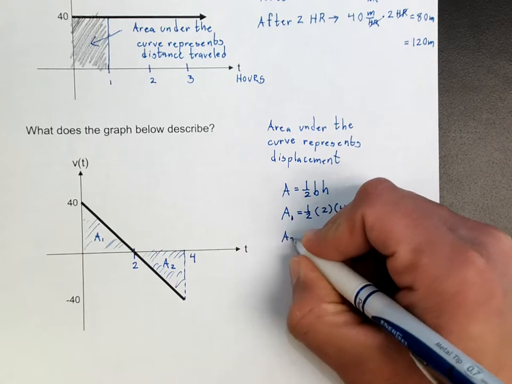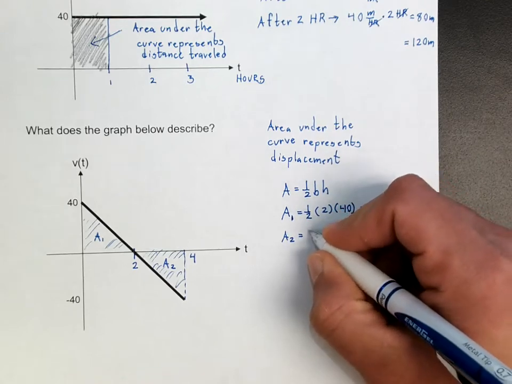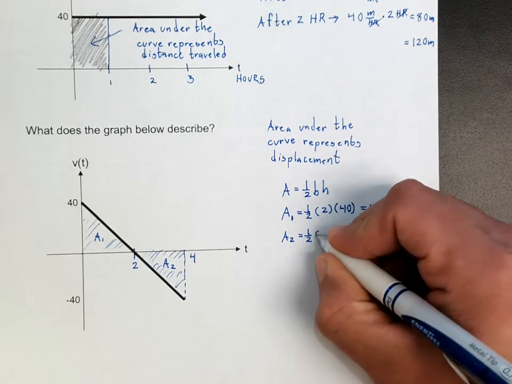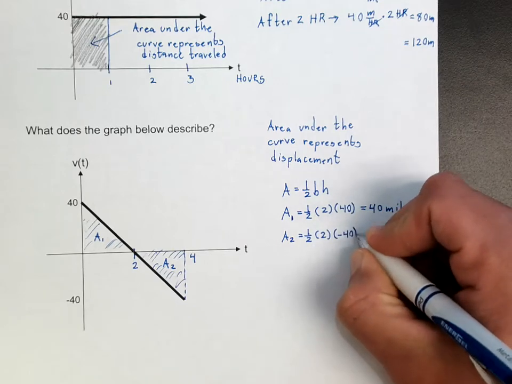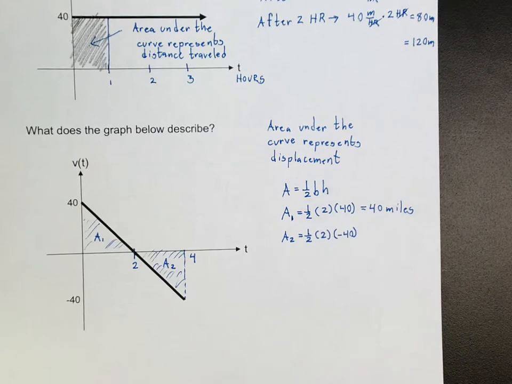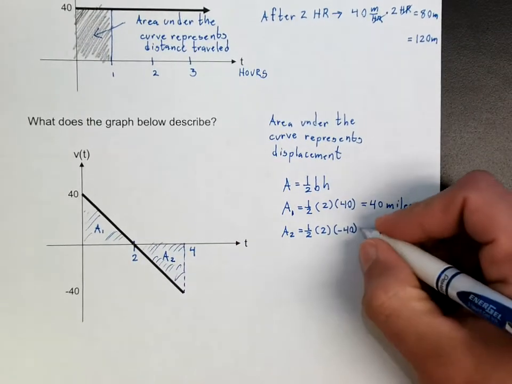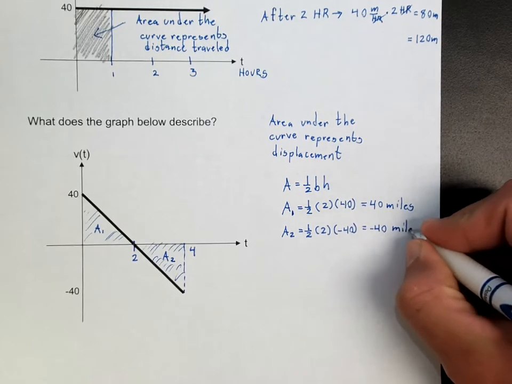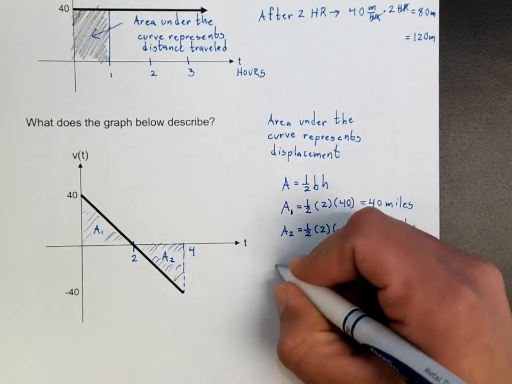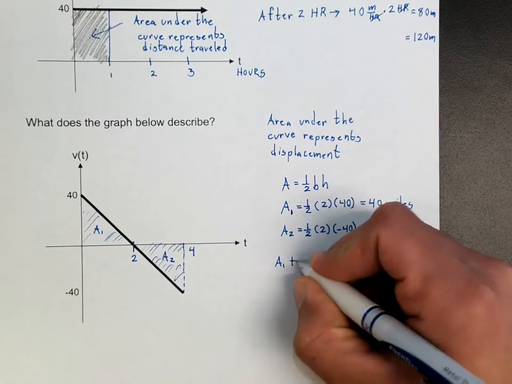For area 2, we would have 1/2 times 2 times negative 40. Now you can call it negative 40, or you can see that this area would be negative because it's below the x-axis. Either way, this is going to give us negative 40 miles. Now the total displacement is area 1 plus area 2.